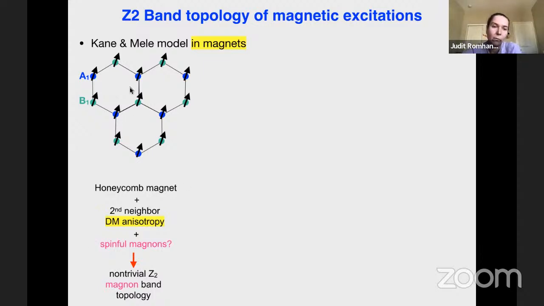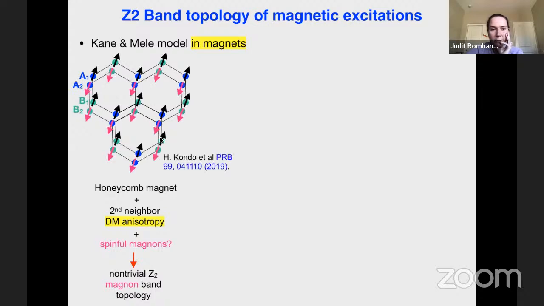And one can ask that, okay, as I said, flipping a spin or turning a spin down is pretty featureless. It gives us a particle that doesn't have any local degrees of freedom. And then how can we assign a spin to these magnetic excitations? So how can we have a spinful magnon, for example? And the idea is that instead of just one layer of, say, ferromagnetically aligned spins, we can take two layers that are each other's time reversal partners.